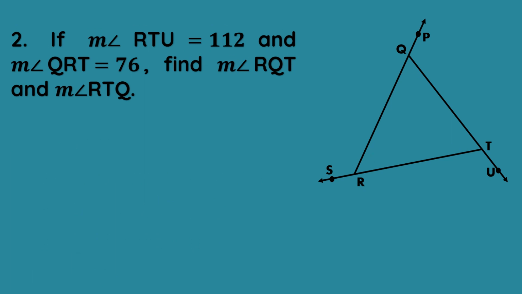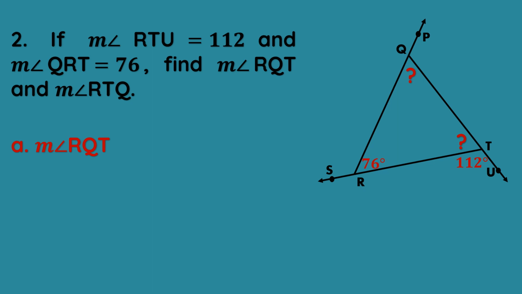If the measure of angle RTU is 112 and the measure of angle QRT is 76, let's find the measure of angle RQT and the measure of angle RTQ. Let's find first the measure of angle RQT.